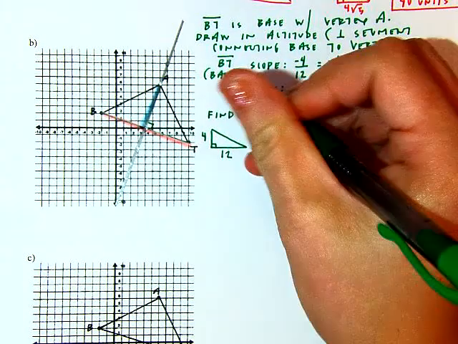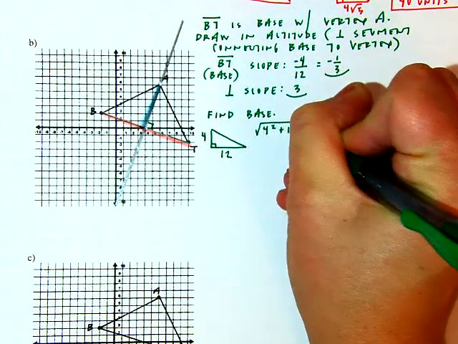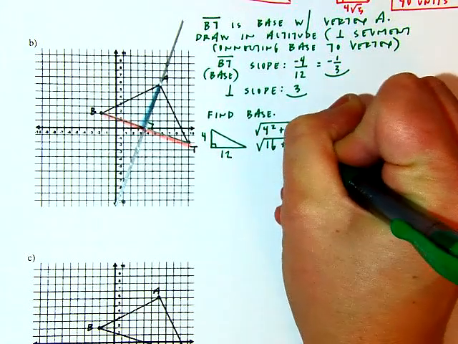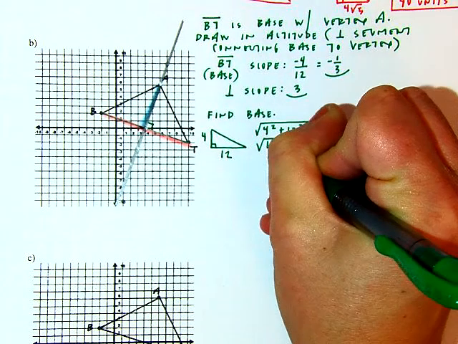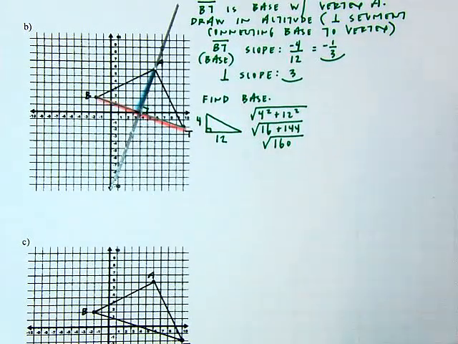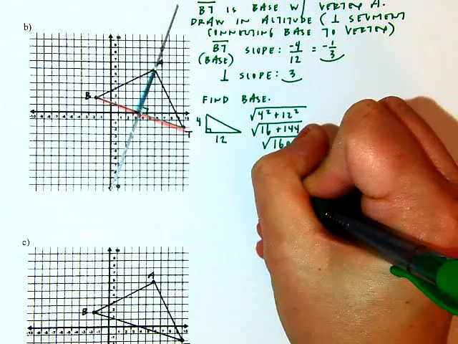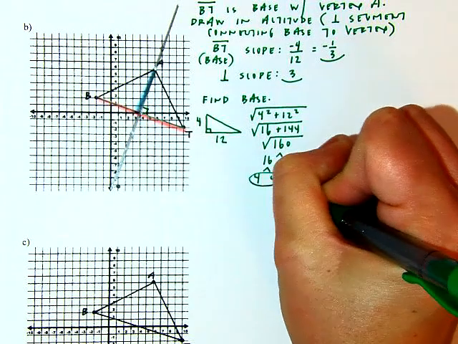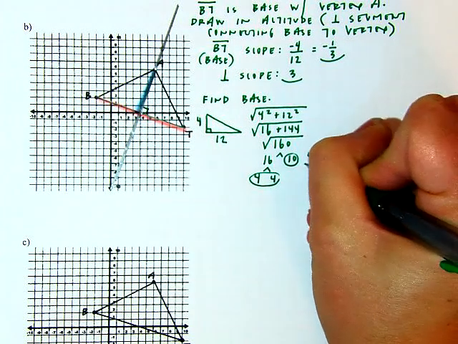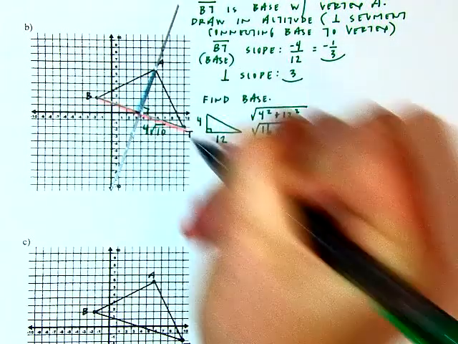Okay, so now big square root, looking at 4 squared plus 12 squared. So 16 plus 144, square root of 160. Okay, that is 16 times 10, and a pair of 4s. So our base is 4 root 10. So 4 root 10 right there.